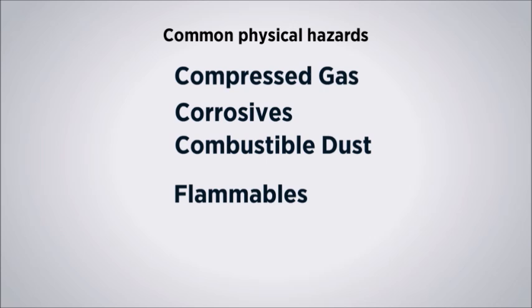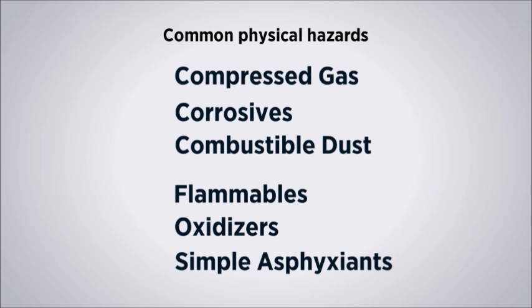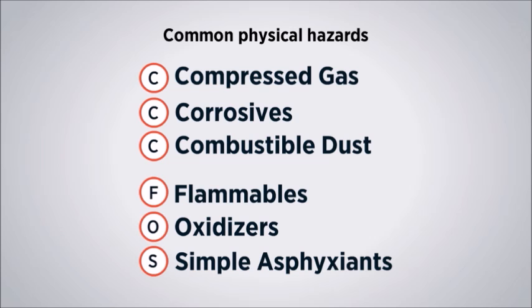Flammables, like flammable gases, aerosols, and liquids. Oxidizers, like nitrates and bromine, which can cause or intensify a fire. And simple asphyxiants, which can cause rapid suffocation. A quick way to remember the key physical hazards is 3 C's FOS.